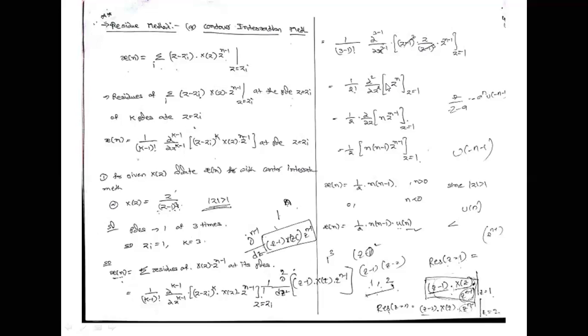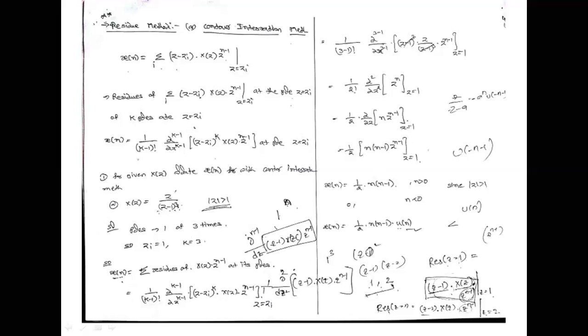For this z power n, you can apply the derivative twice. The first derivative is n into z power n minus 1, taking dou by dou z, where z is equal to 1. And again you apply the derivative with respect to z. n is a common term here, n minus 1 into z power n minus 1 minus 1.